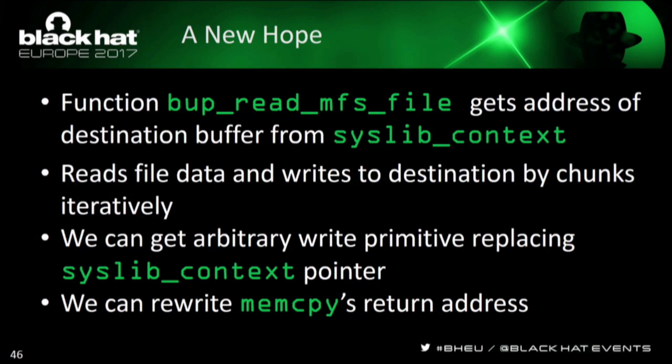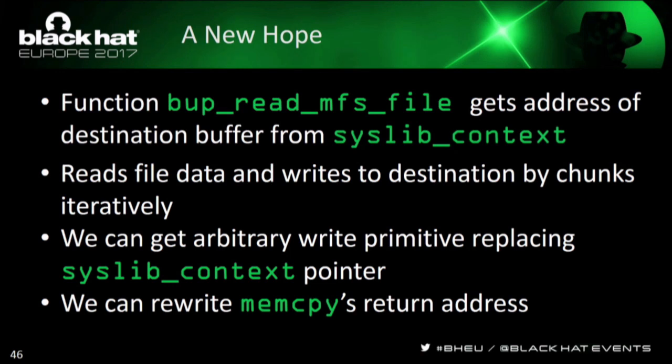So here is what we thought out. There is one major, important property of the implementation of this function, BUP read MFS file. It does it iteratively by chunks of 64 bytes.